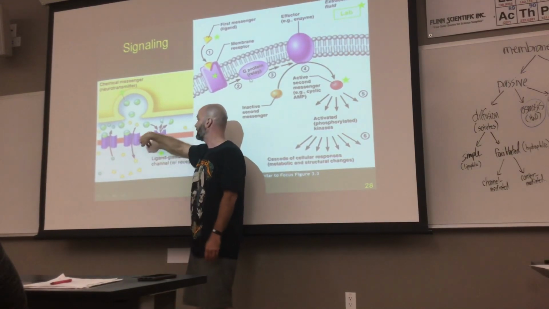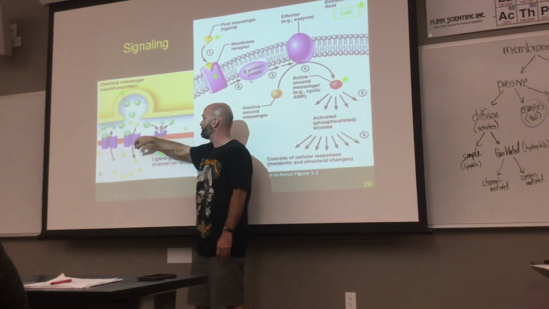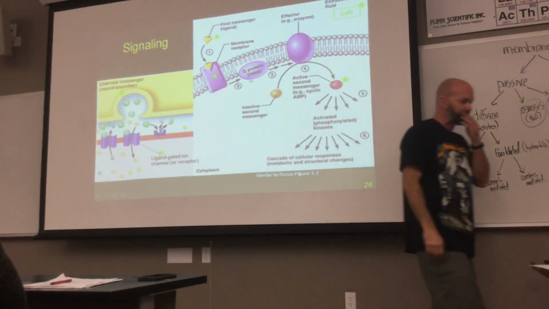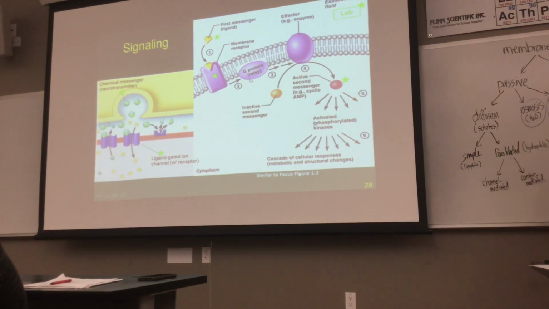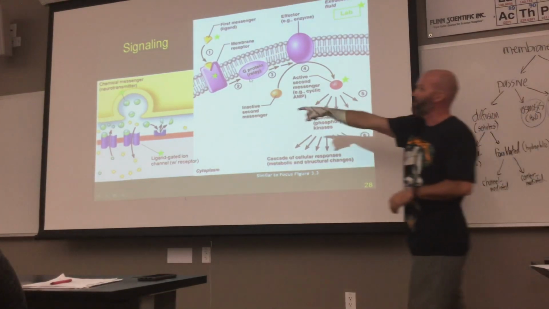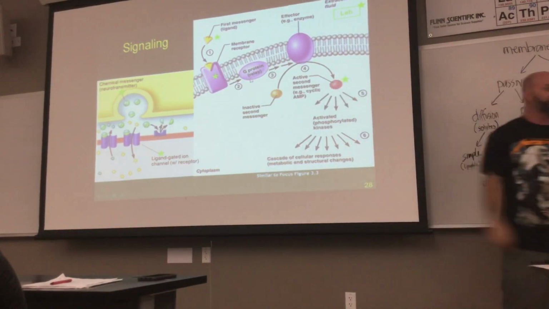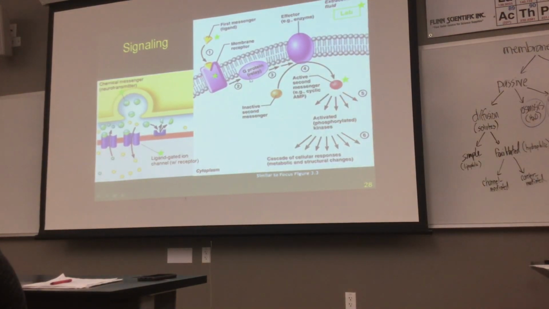To create this electrical event, we're going to need to open thousands of channels, which means we're going to have to release a lot of first messenger, a lot of neurotransmitter, to get a big response. So faster, but smaller response. Slower, but bigger response. You get amplification. That's where we're going to go with it next semester.